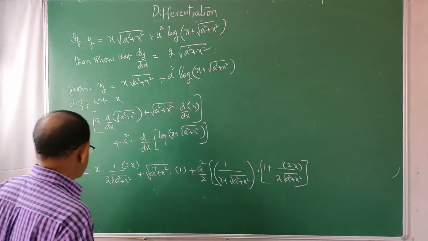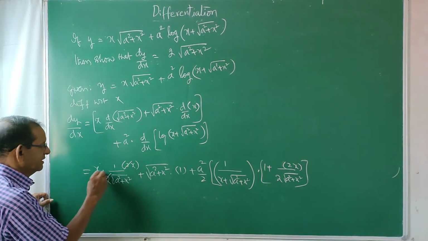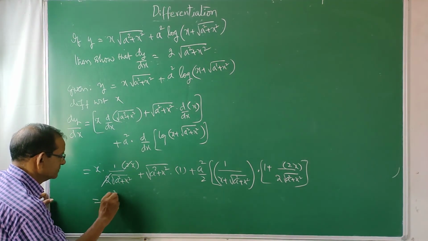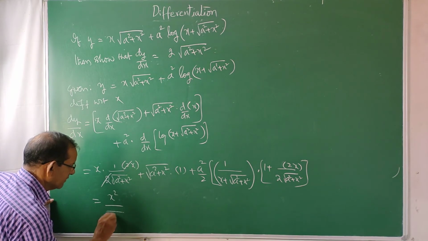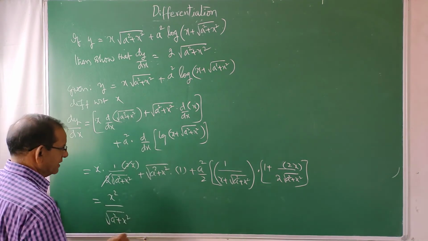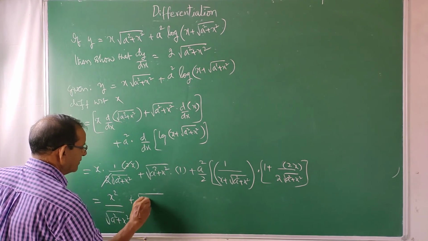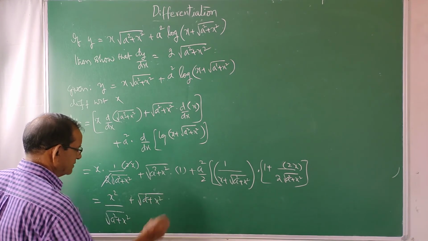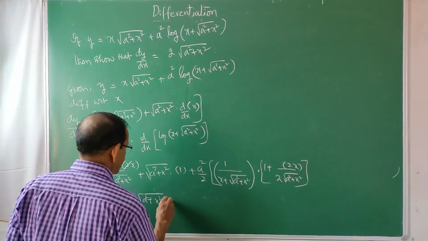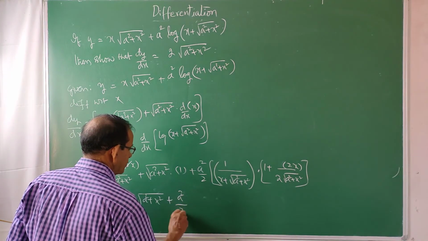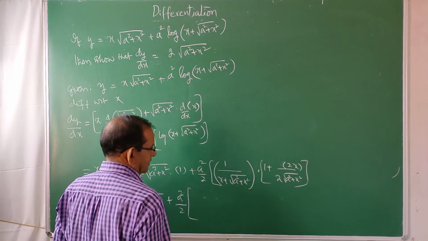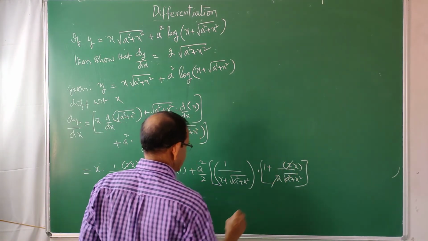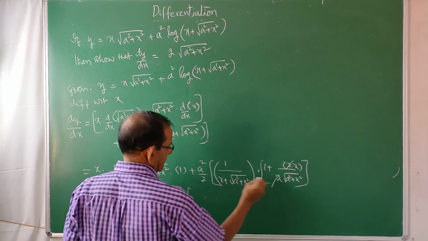Now this 2 is cancelled. x square by root of a square plus x square, plus root of a square plus x square, plus a square into, here 2 is cancelled. What is this one?